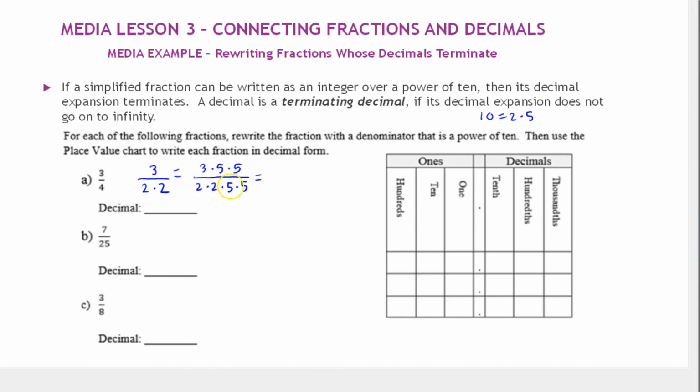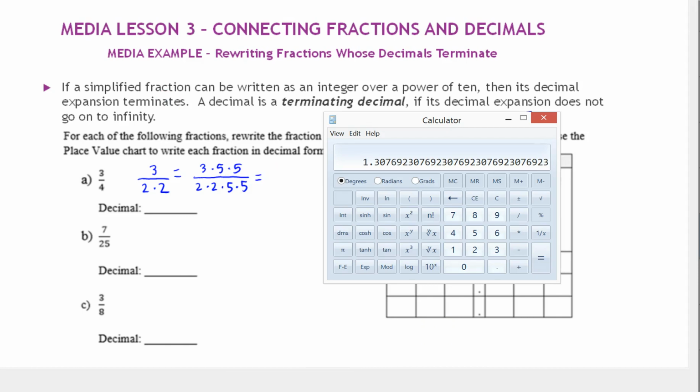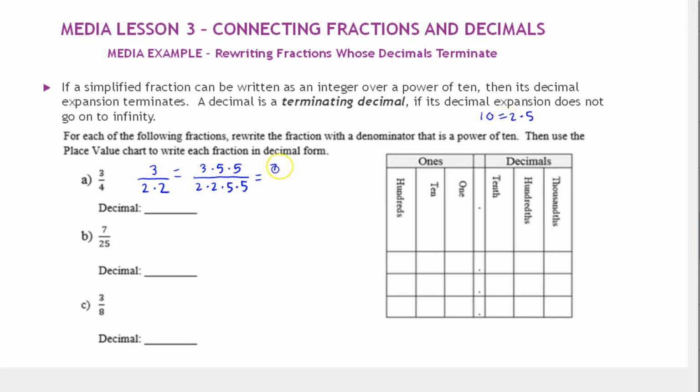Now let's multiply this on the calculator. You can do this in your head if you want. 3 times 5 times 5 is 75. 2 times 2 times 5 times 5 is 100. So we have 75 over 100. Notice the denominator should be a power of 10, so 10, 100, 1000, etc., because I used the number of 5s in such a way that each 2 would have a 5 pair.